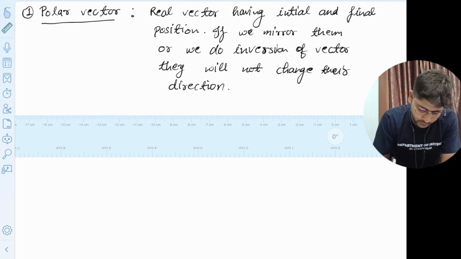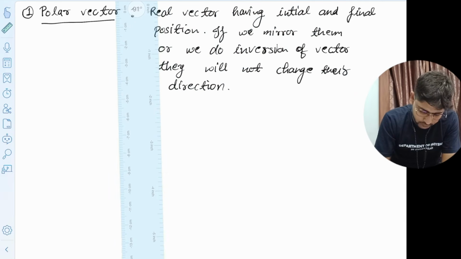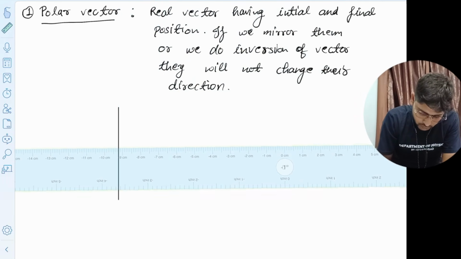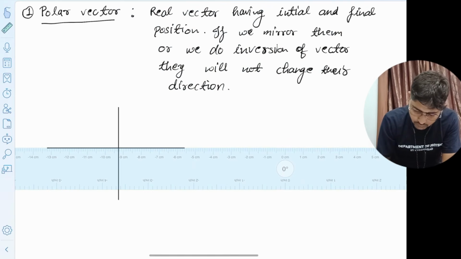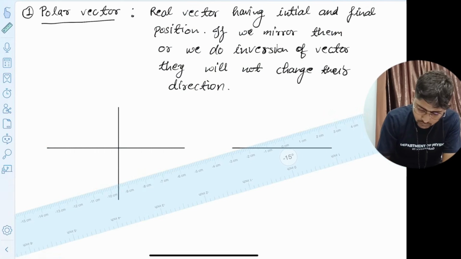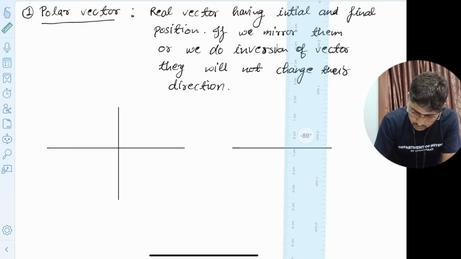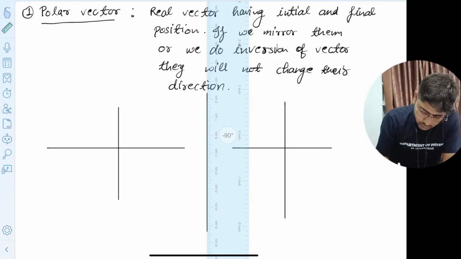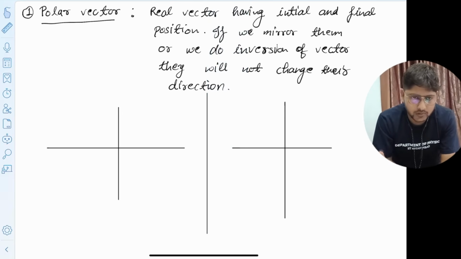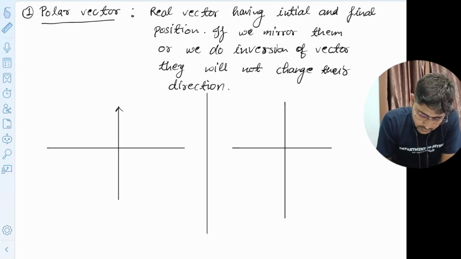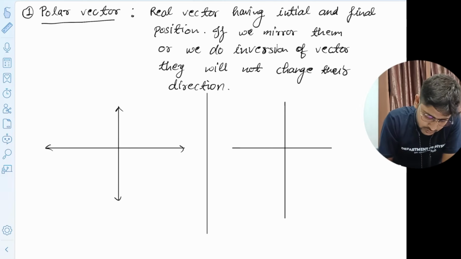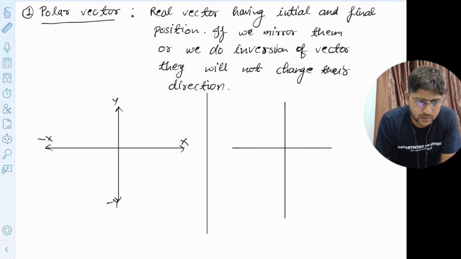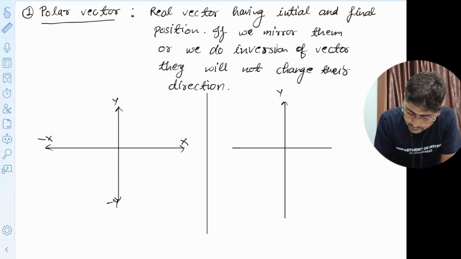This is our y-axis, this is our x-axis, minus x-axis, minus y-axis. Same way here also y-axis.